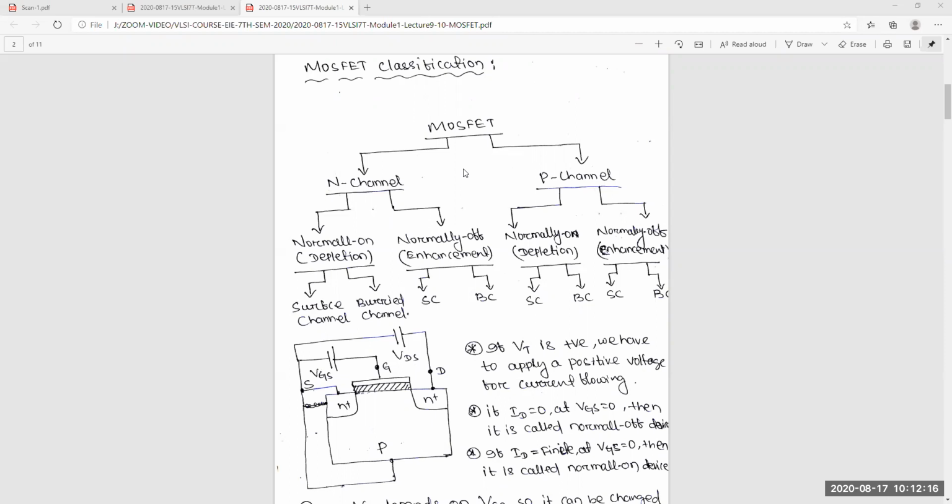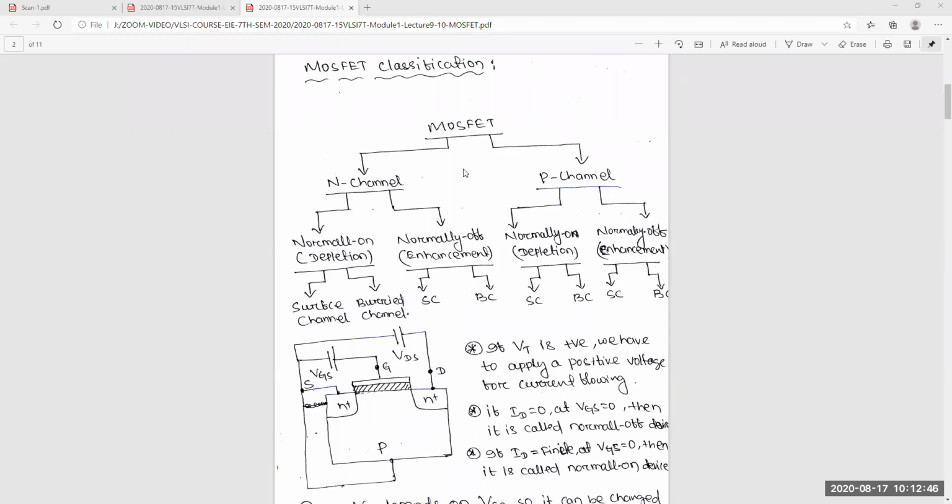We have only discussed the case where, if you are giving a VGS or VGB, gate to bulk or gate to source, when it touches the threshold voltage, then the inversion charge will come to the surface, a channel will form, and then current will flow.